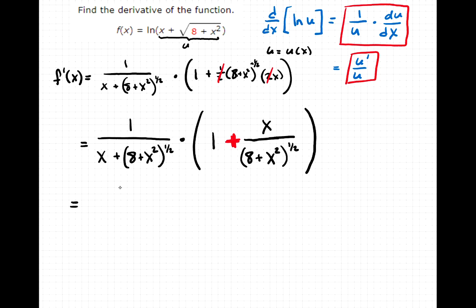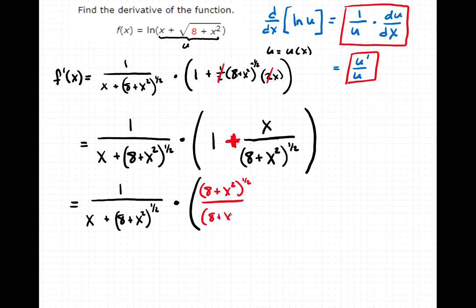Okay, so we have 1 over x plus 8 plus x squared to the power 1/2 times. Okay, so let's treat that one like 8 plus x squared to the 1/2 over 8 plus x squared to the 1/2.